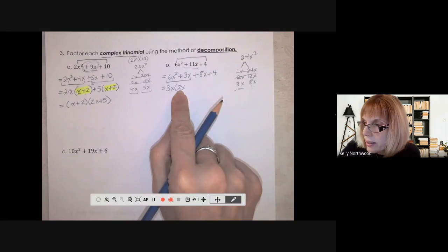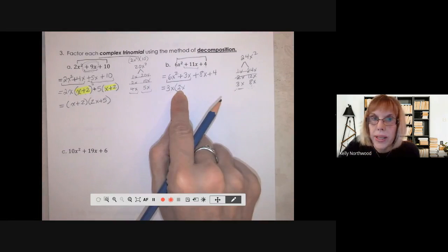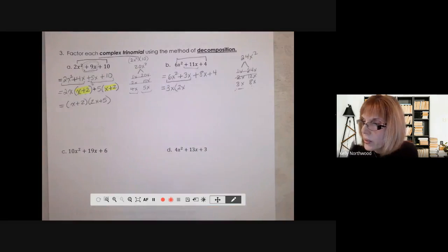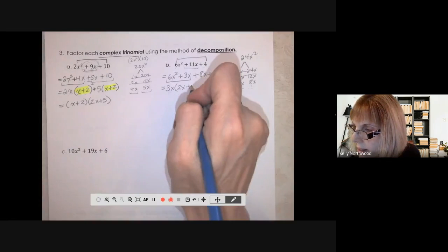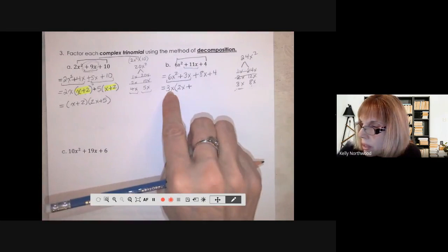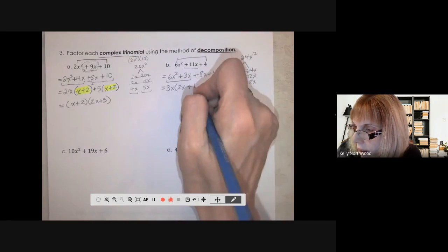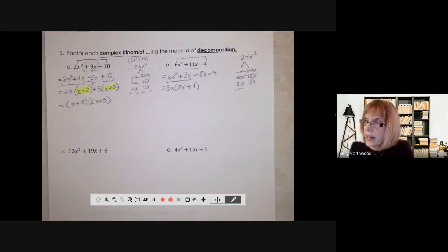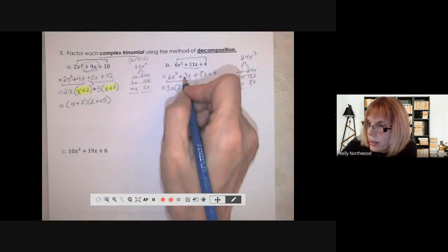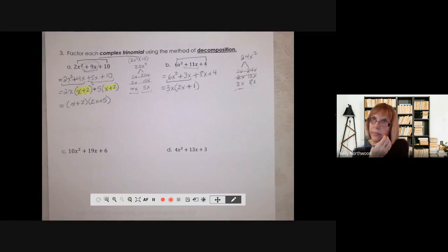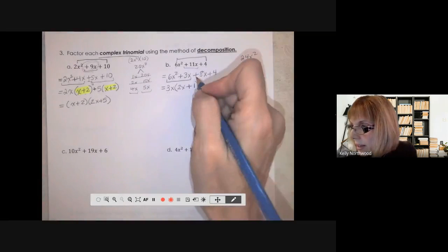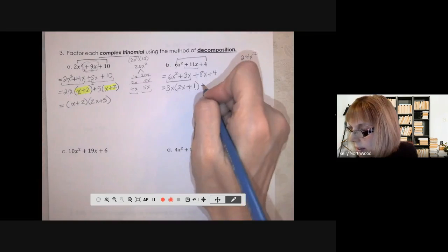It's not just x like it has been in the previous two examples. 3x times 2x is 6x squared. Plus, this is also, what would you multiply 3x by to get 3x? 1, not 0, which is a common mistake. 3x times 1 is 3x. Then the sign that comes next goes next.